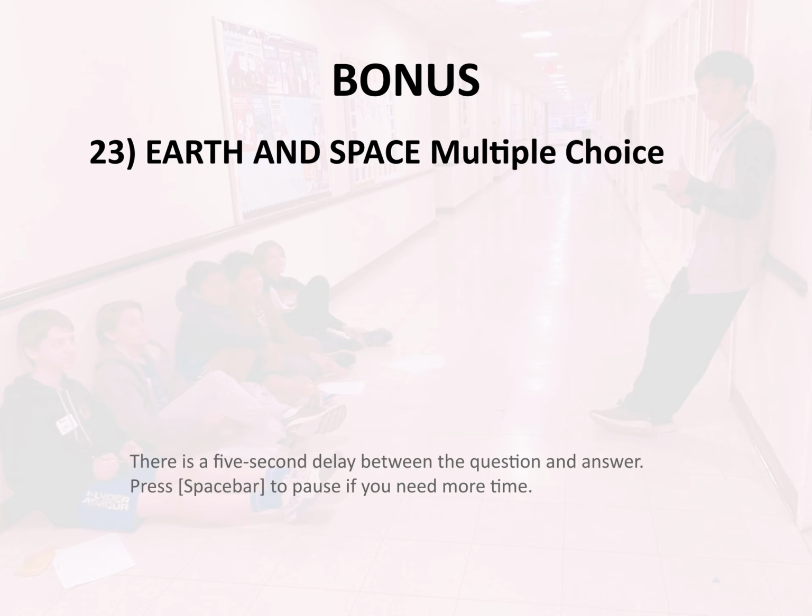Bonus 23. Earth and space. Multiple choice. Which of the following sets of values best approximates an average micrite limestone in a ternary diagram with 3 members? 1. Allochemical grains, 2. Chemical cement, 3. Microcrystalline matrix. W. 1. 10%, 2. 90%, 3. 0%.